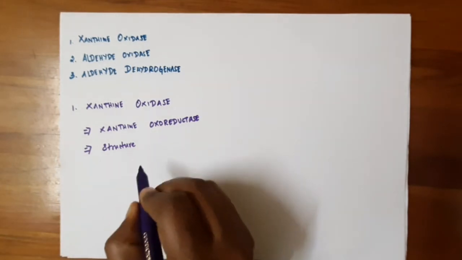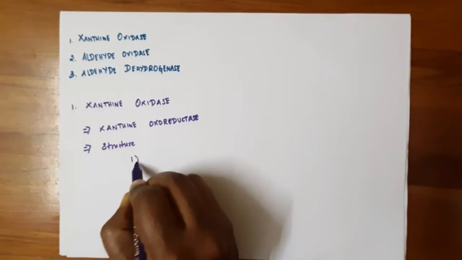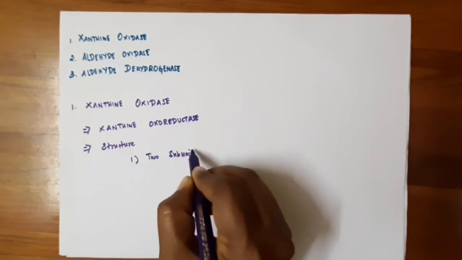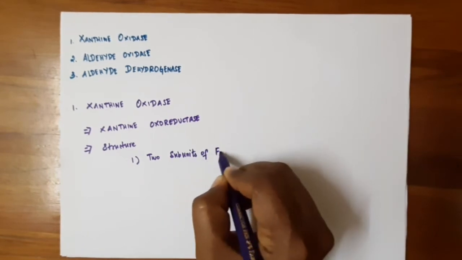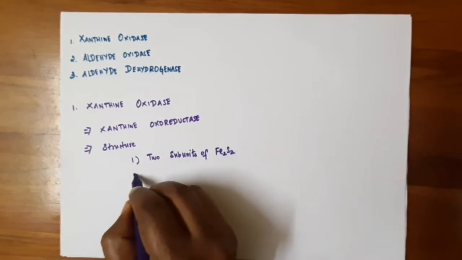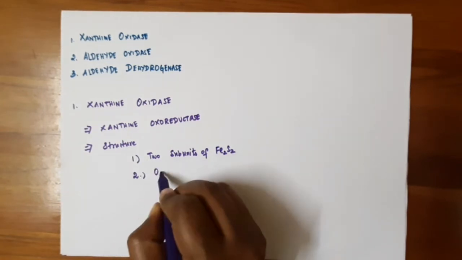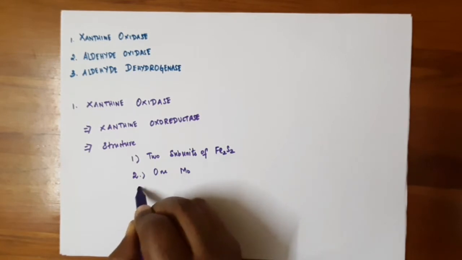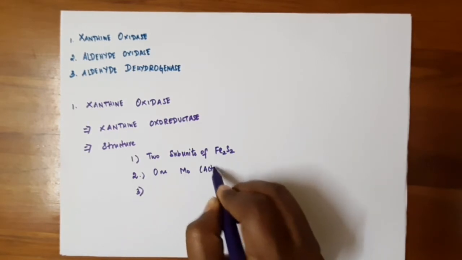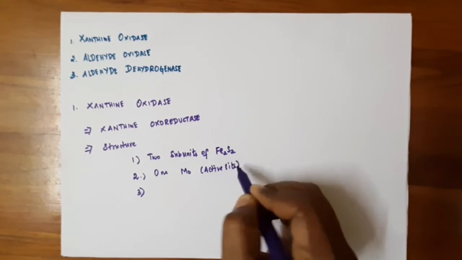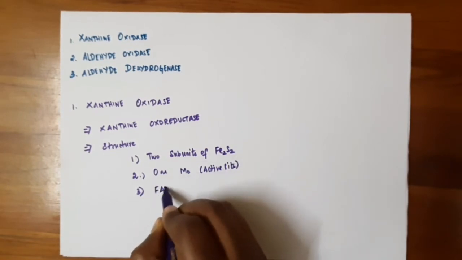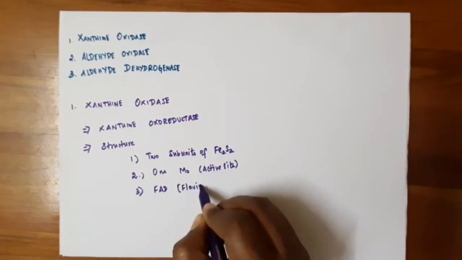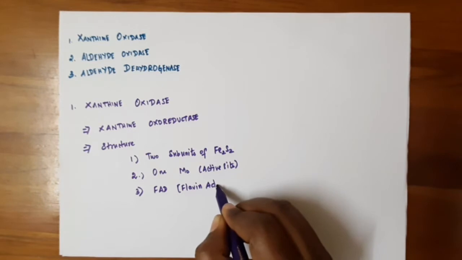So in the structure of xanthine oxidase, it has two subunits of Fe2S2 and one molybdenum atom, which is in the active site of this enzyme, and one FAD, flavin adenosine dinucleotide.